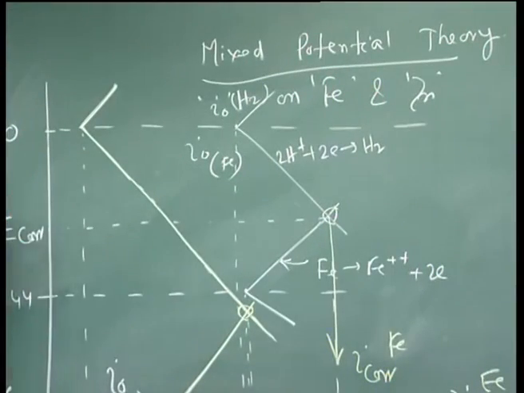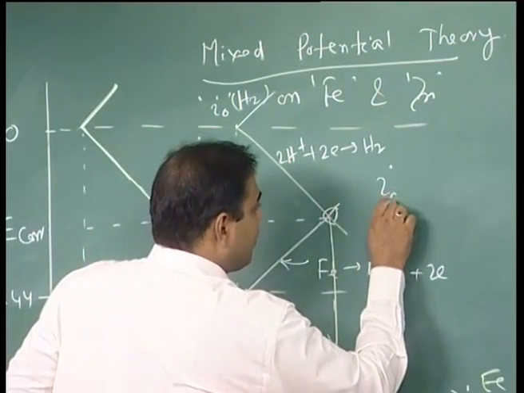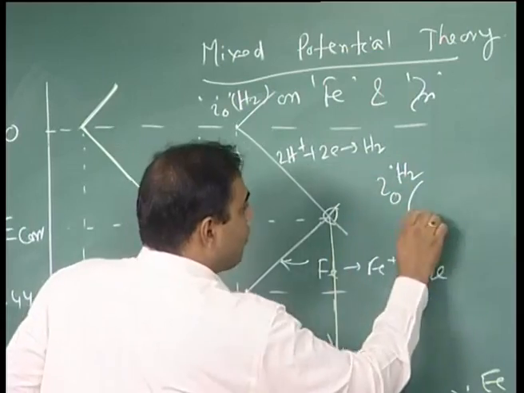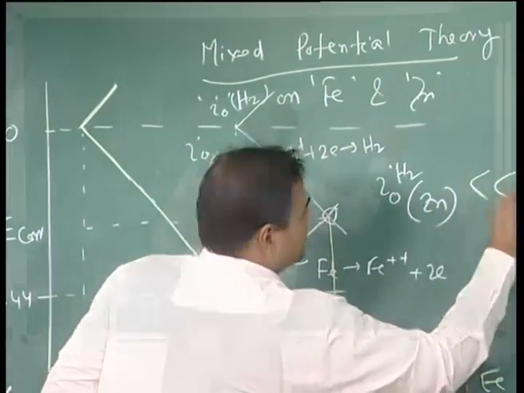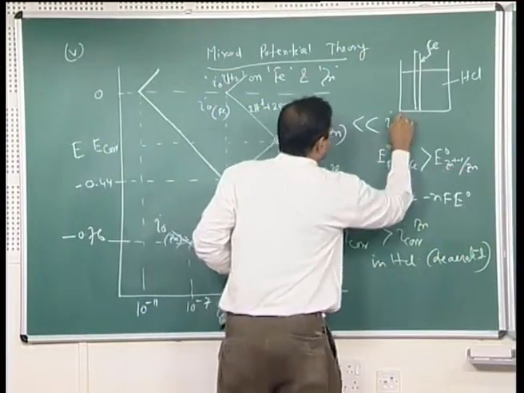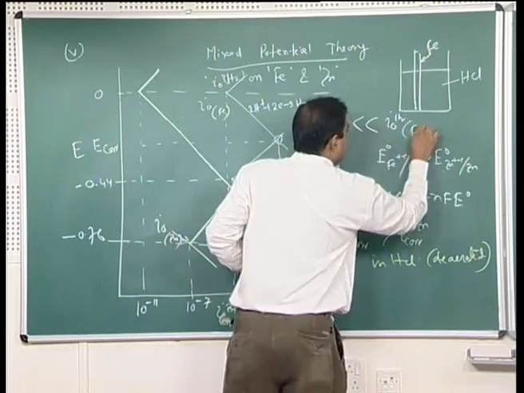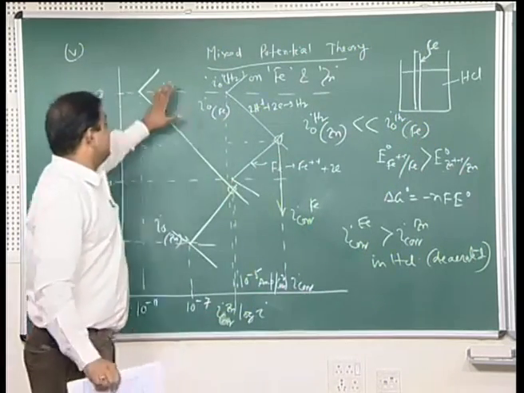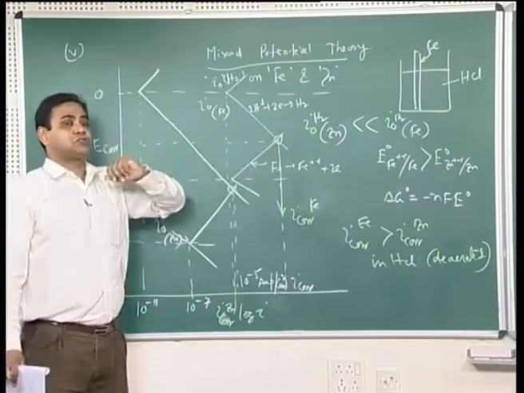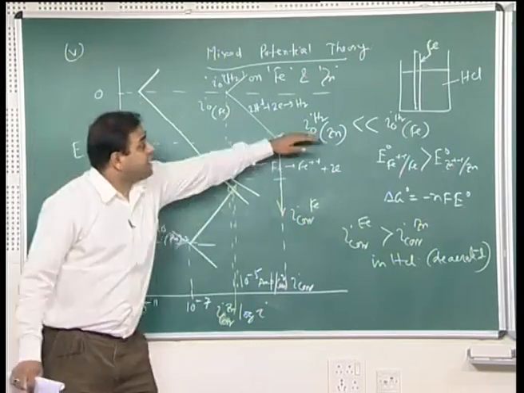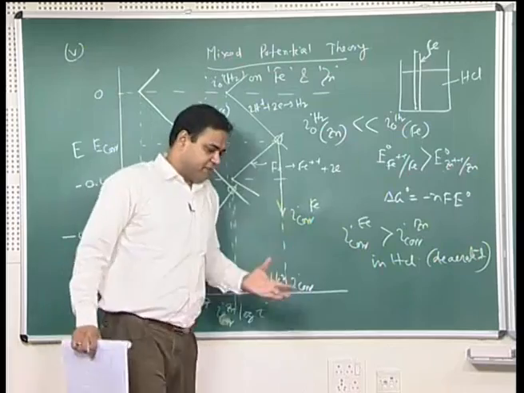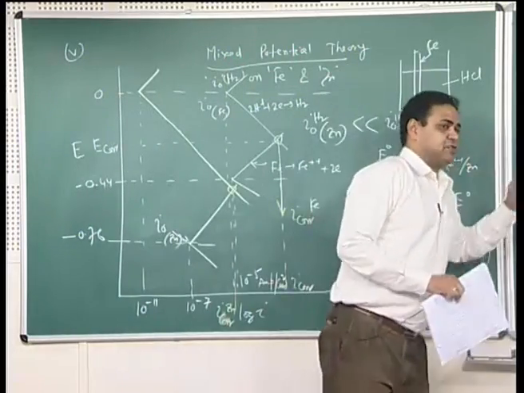Now, here you see the main difference coming because of I0 values, because I0 of hydrogen evolution on zinc surface is less than I0 of hydrogen evolution reaction on iron surface. That is the main culprit. That is why iron has higher corrosion rate than zinc, and this I0 part will be a very important factor in the coming discussion.